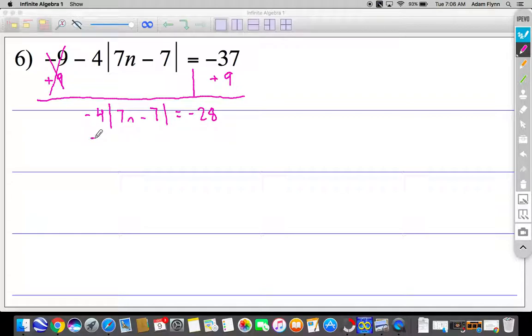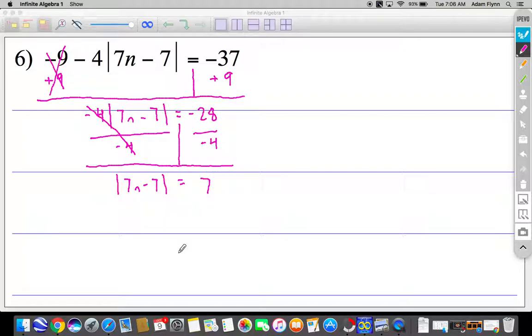Now I'll divide both sides by negative 4 to get the absolute value portion by itself. So when I do that, negative 4 divided by negative 4 cancels. So I'm left with the absolute value of 7n minus 7 equals negative 28 divided by negative 4, which is positive 7.